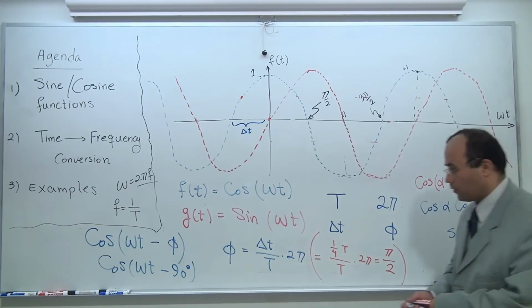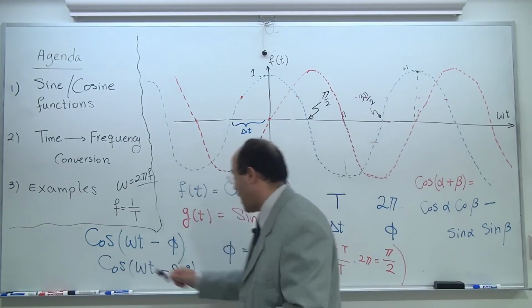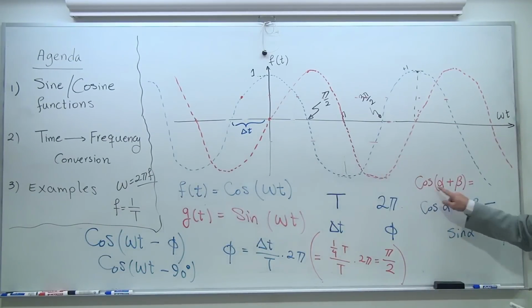Okay, let's try this one more time. If you happen to have cosine alpha minus beta, for minus beta, this is going to change to plus, because that minus beta goes into this one. This beta is now replaced with minus beta, and that minus is going to come back. Minus minus is going to give you a plus. So cosine alpha minus beta is cosine alpha, cosine beta, plus sine alpha, sine beta.